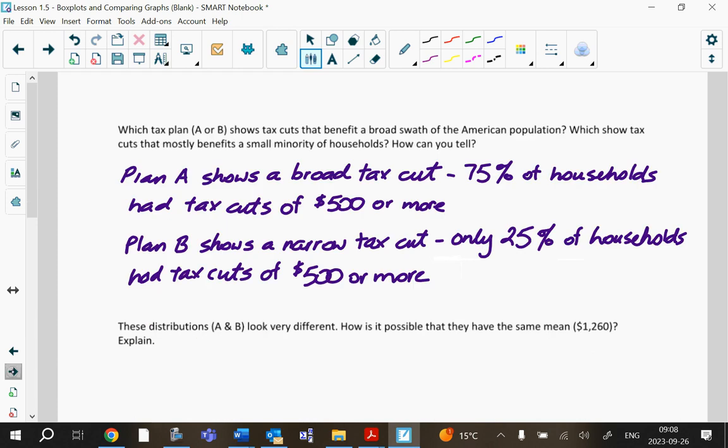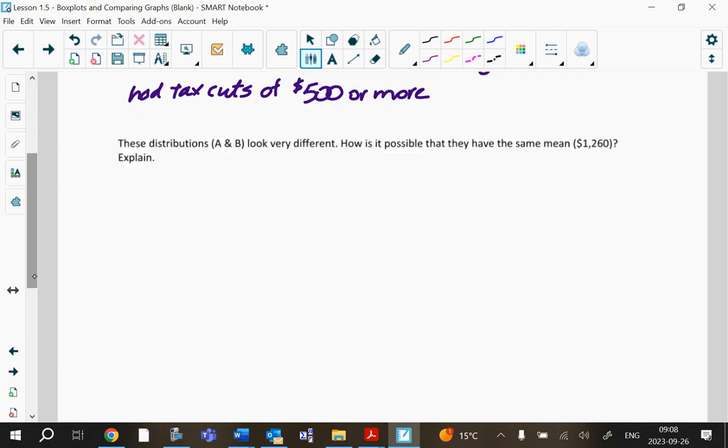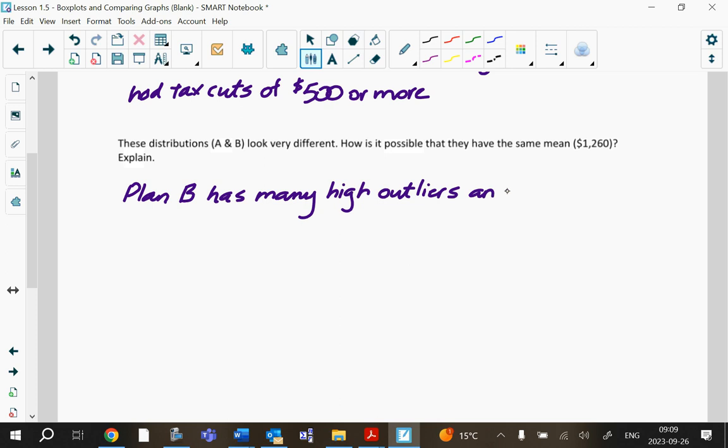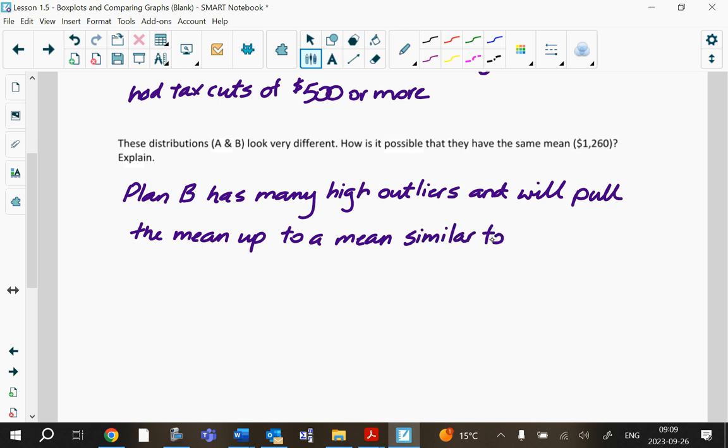So just to wrap this up, Plan B has many high outliers and will therefore pull the mean up, because remember, the mean is not resistant, similar to Plan A, which has no outliers.